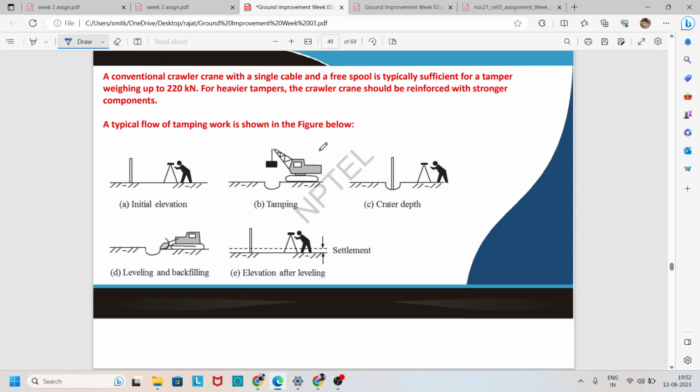After that, we apply the deep dynamic compaction by tamping the ground, ground subsidence occurs, and we measure the crater depth by the same leveling instrument, and also see that for safety it should be less than or equal to the height of the tamper plus 0.3 meter.